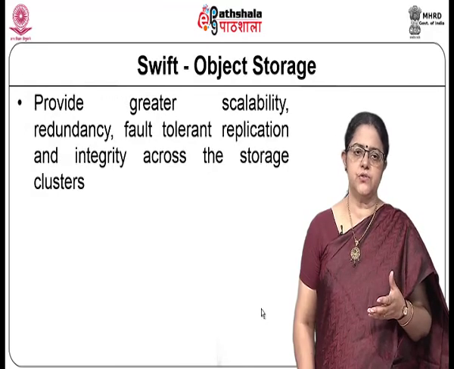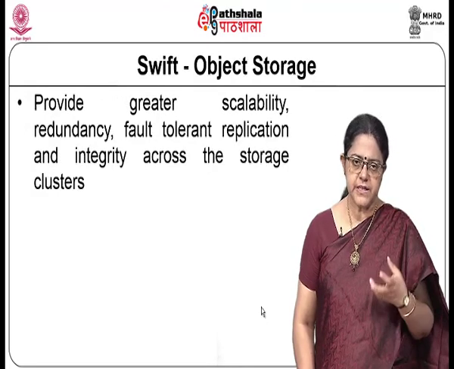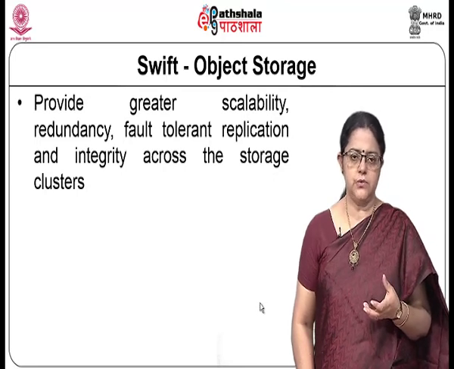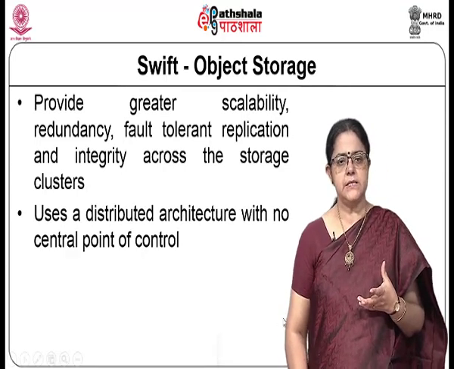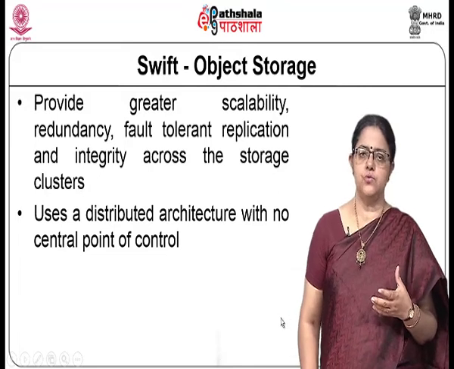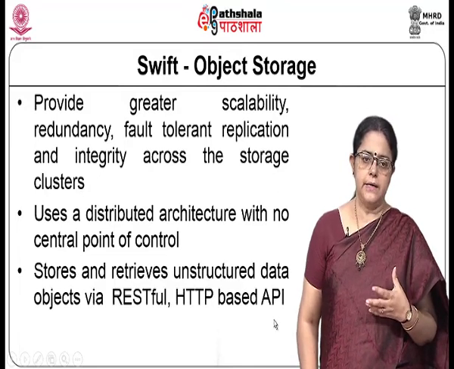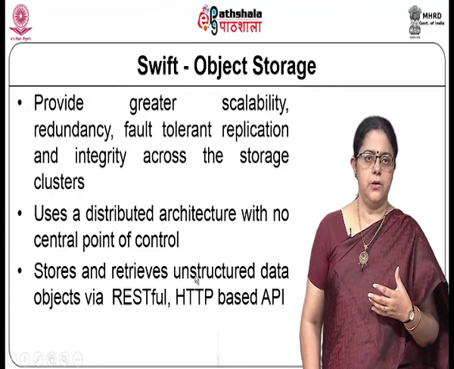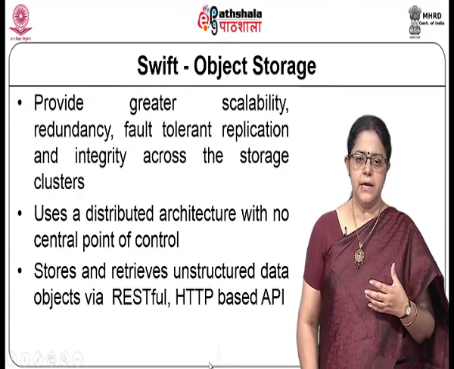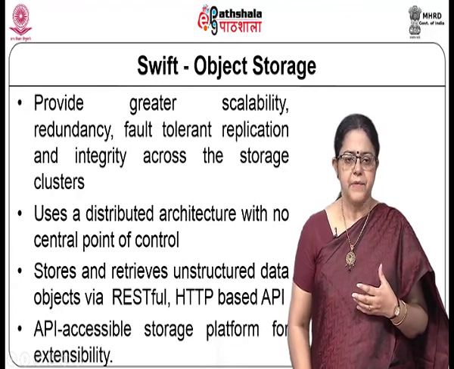Swift is the object store. This is the object level storage that we are talking about. This uses a distributed architecture. There is no central point of control, and it uses a RESTful architecture based on an HTTP based API.